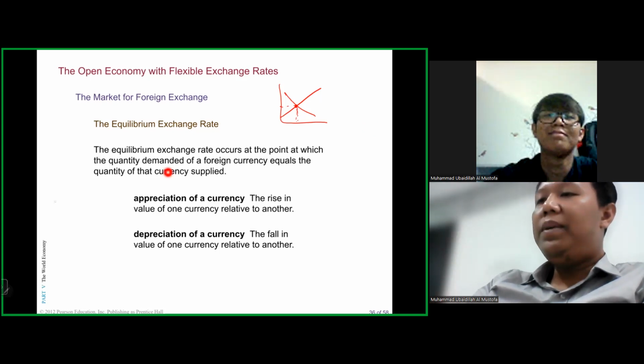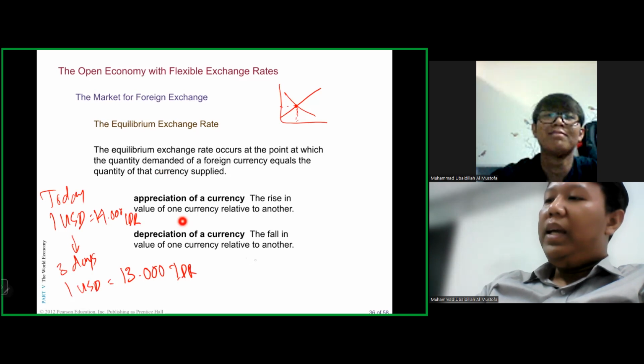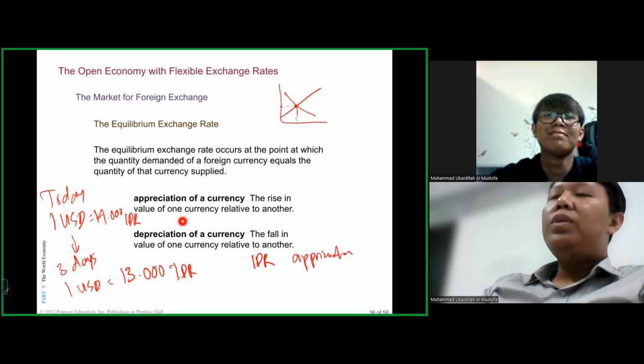I will give you an example. Let's say that today, $1 equals 14,000 Indonesian rupiah. And after 3 days, $1 equals 13,000 rupiah. In this case, the Indonesian rupiah is experiencing appreciation because it is now stronger in value.